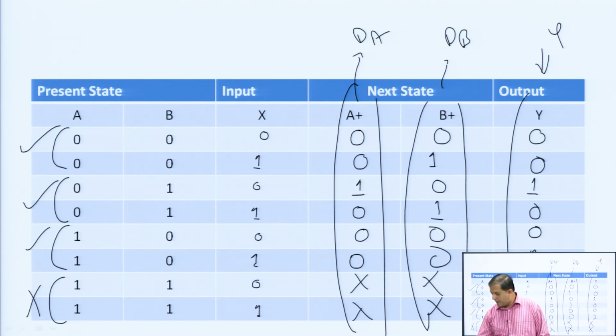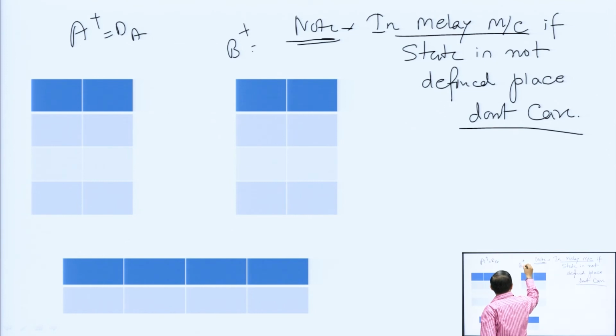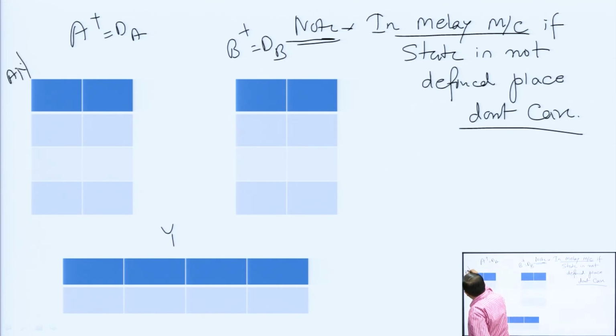So, let us start the K map drawing. So, here this is for A plus, means dA, this is for B plus, means dB, and this is for Y, for the output. So, here the inputs are A, B and X.